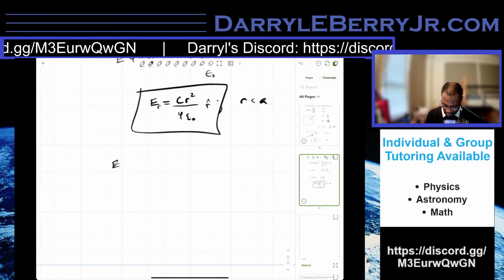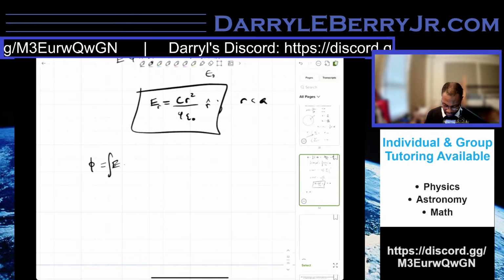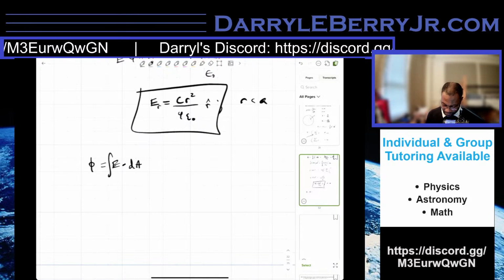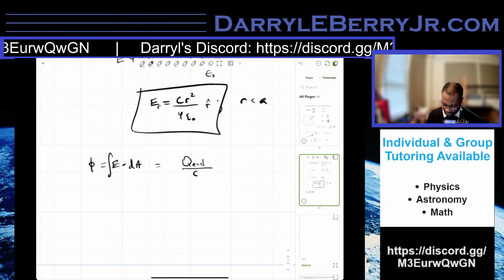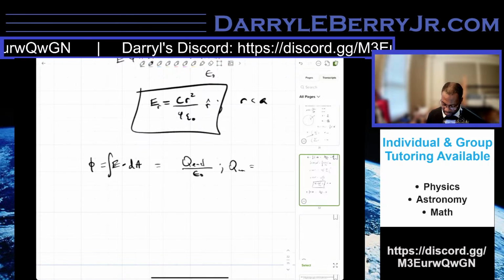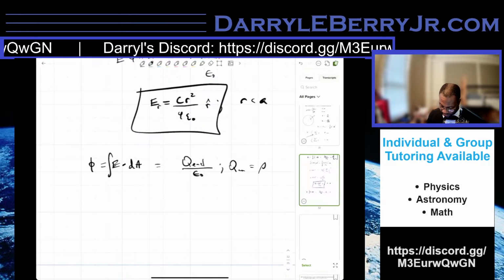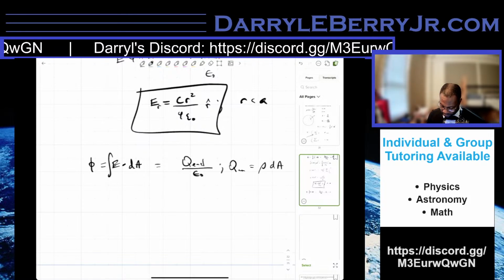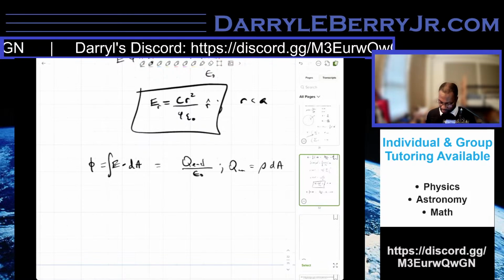So we have the flux equals the integral E dot dA, and that still equals the charge enclosed over epsilon naught, and charge enclosed equals sigma dA, because each area is a different charge.